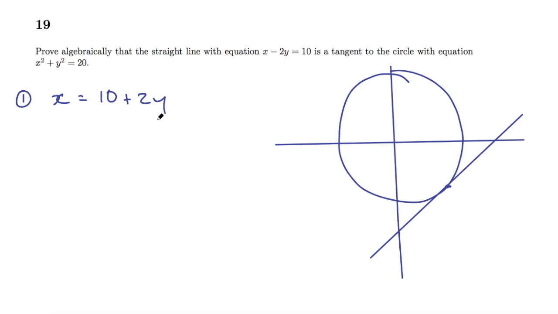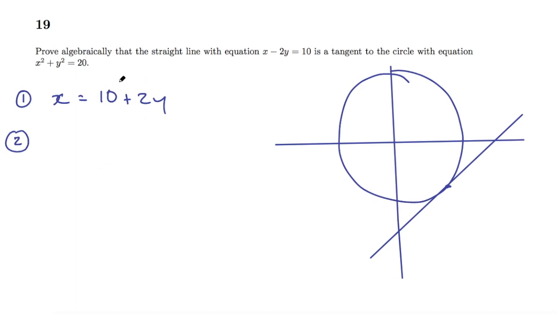Now if I take that x value, 10 plus 2y, and substitute it into the second equation, what I'll end up with is some values for y that will satisfy both the equations. Just like simultaneous equations, I'm basically solving two simultaneous equations here. But what I'm hoping for is one value of y, so I can say that this is a tangent. Because if this just turns out to have one value of y, then that means this line only touches the circle in one place. So let's go ahead and solve these simultaneous equations and see what we end up with.